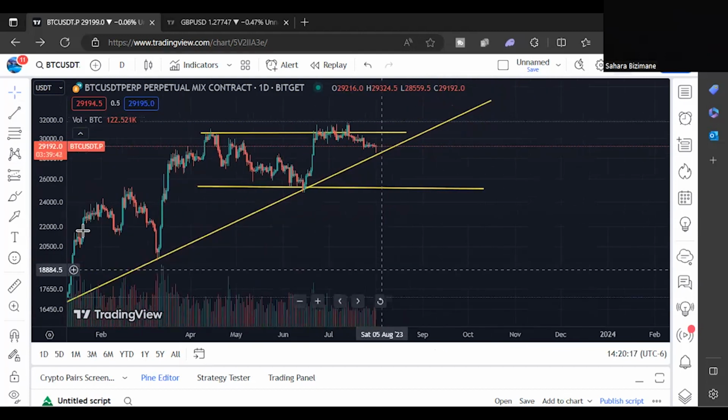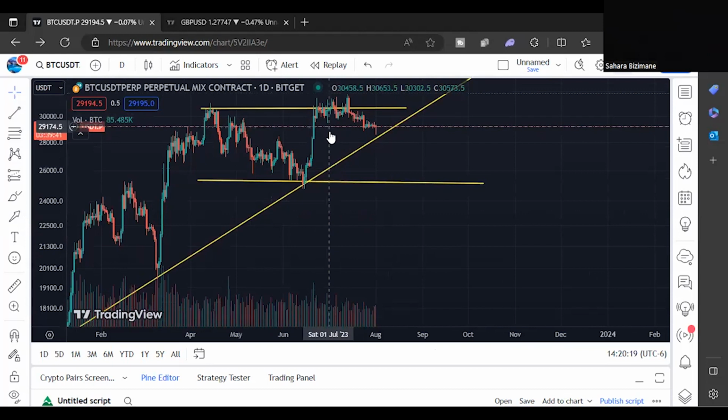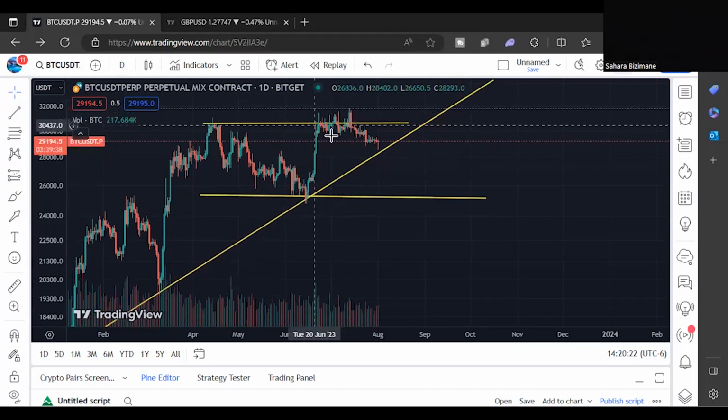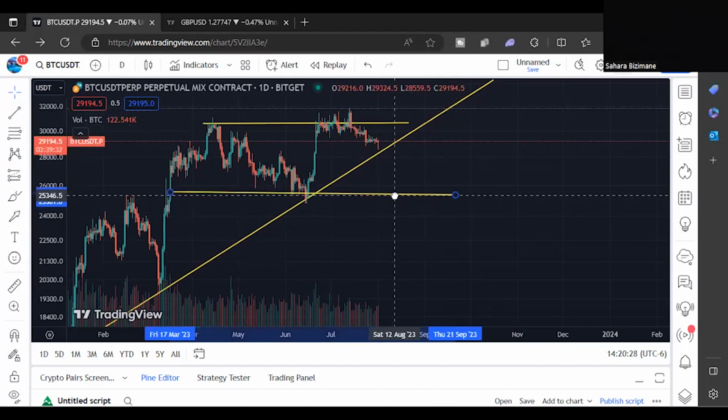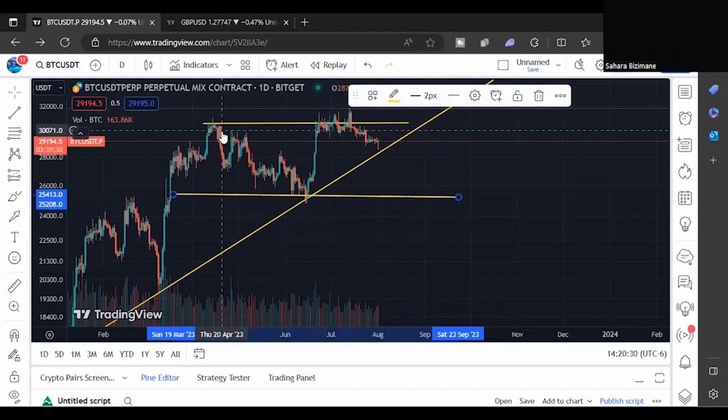So that's why I like entering literally at the beginning, when the price is forming that double top. That's where I enter my trade. Because sometimes when there's a double top on the chart, okay, the price will come to the neckline for sure.